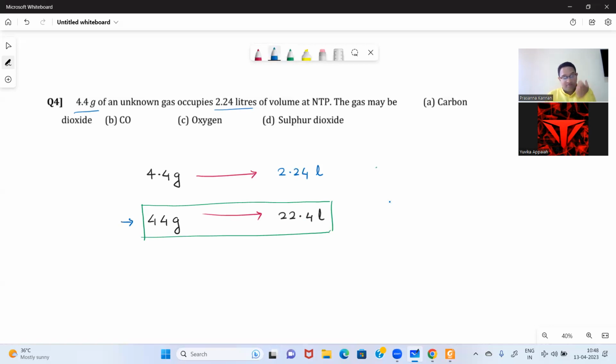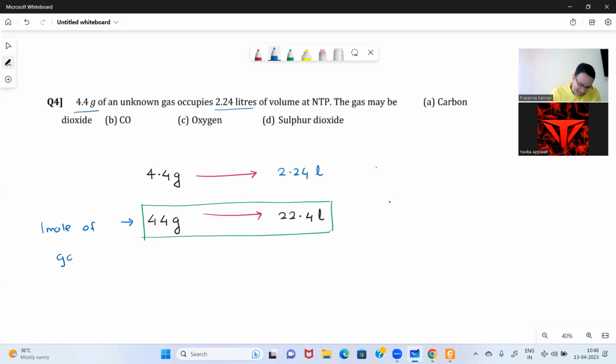Now we know something very well. How many moles of a gas occupy 22.4 liters? 1 mole of a gas. Then this must correspond to 1 mole of the gas. That will be carbon dioxide. Fantastic.